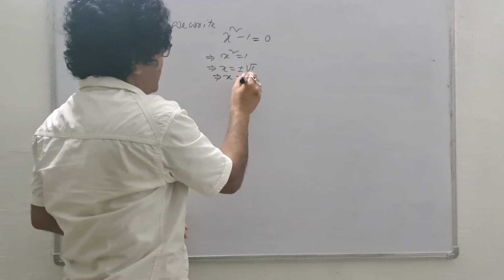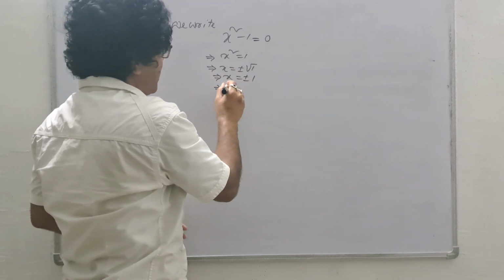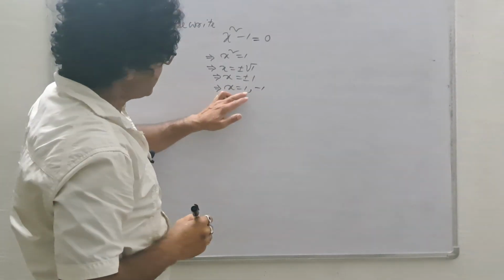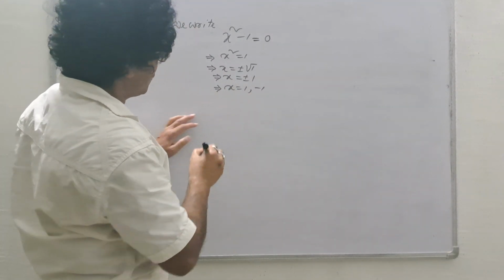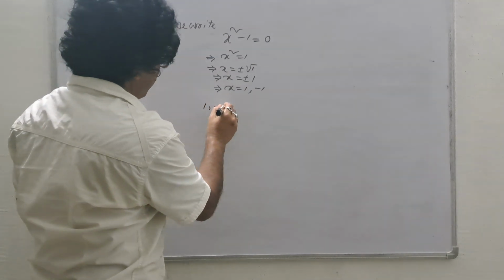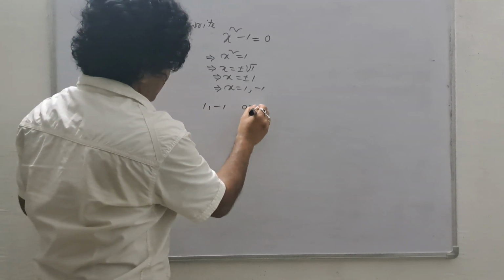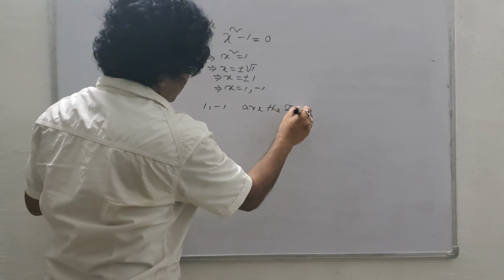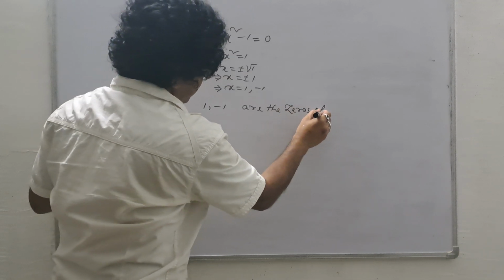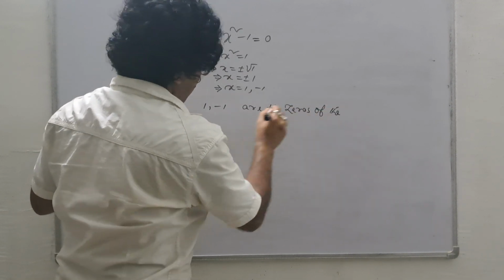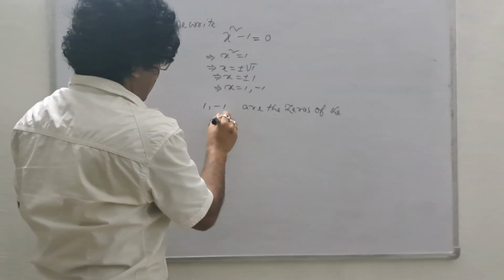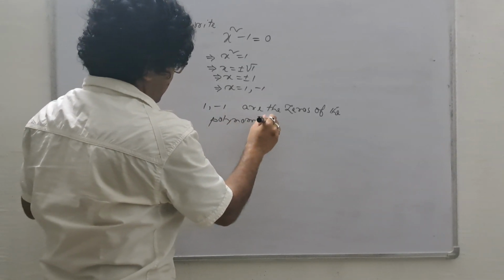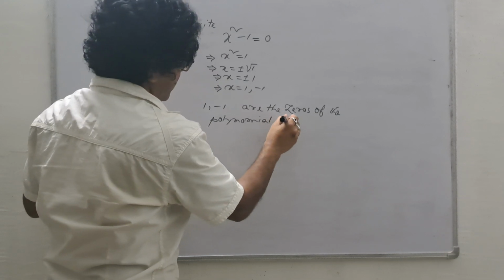So you are getting plus minus 1, that is x is equal to 1 and minus 1. This 1 and minus 1 are the zeros of the polynomial x squared minus 1.